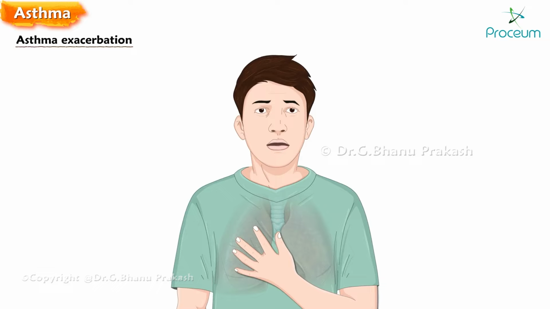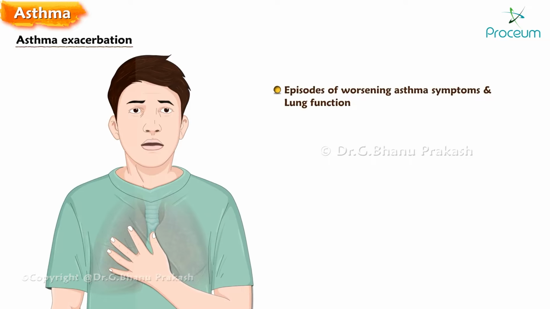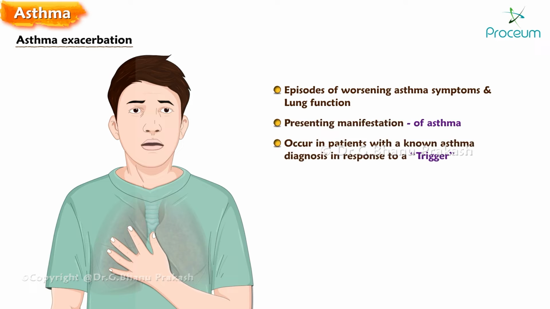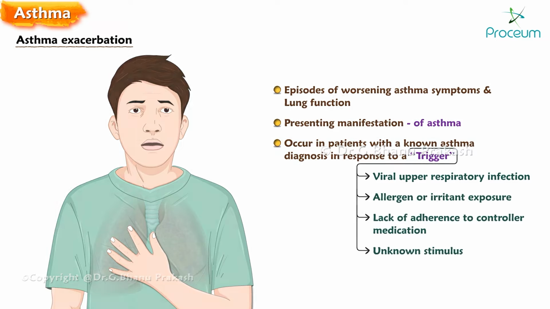Asthma exacerbation. Acute asthma exacerbations are episodes of worsening asthma symptoms and lung function. They can be the presenting manifestation of asthma or occur in patients with a known asthma diagnosis in response to a trigger such as viral upper respiratory infection, allergen or irritant exposure, lack of adherence to controller medication, or an unknown stimulus.